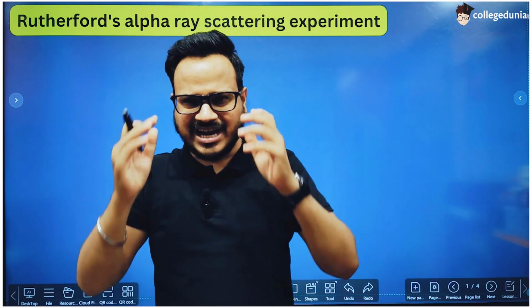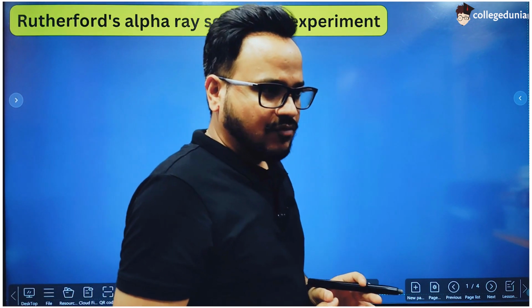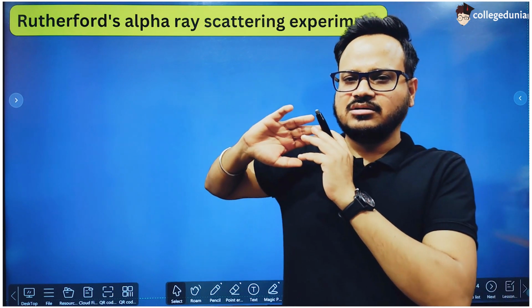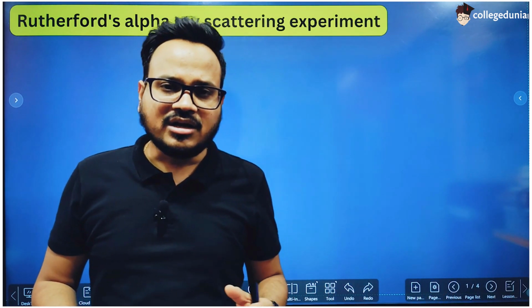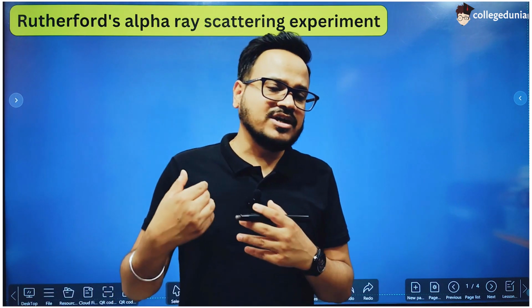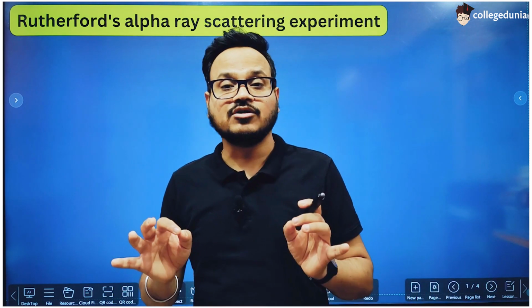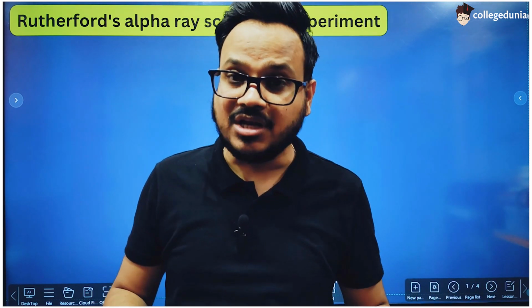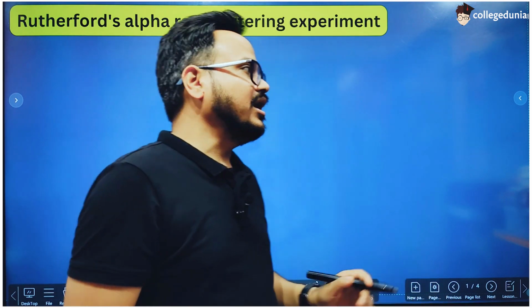So in almost 90% of the alpha particles there was no deflection, which is written in Rutherford's atomic model. He concluded that since most of the alpha particles went straight through the gold foil, most of the space in an atom is empty. Maximum space inside the atom is completely empty, right?